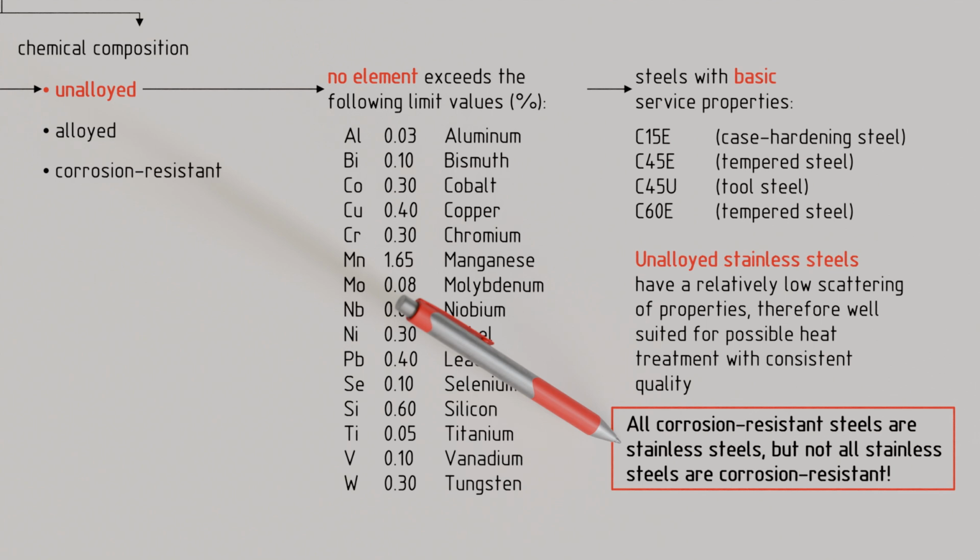Although all corrosion-resistant steels are made from stainless steel due to the more expensive addition of alloying elements, this does not mean that all stainless steels are corrosion-resistant. The term stainless refers solely to the purity of the steel, not to its corrosion resistance. For example, the unalloyed tempered steel C45E mentioned earlier is a stainless steel in terms of purity, but it would begin to rust in the presence of moisture because it lacks corrosion-resistant alloying elements such as chromium and nickel.